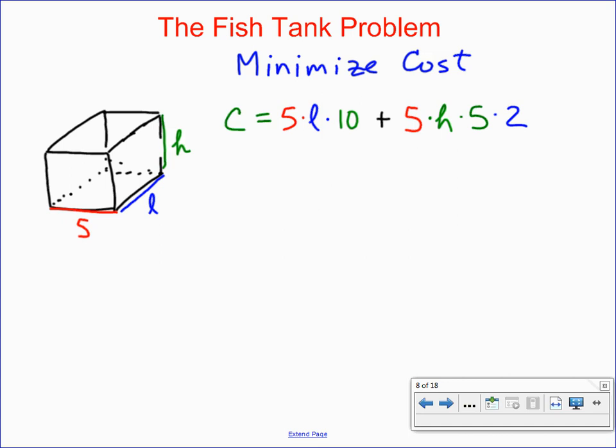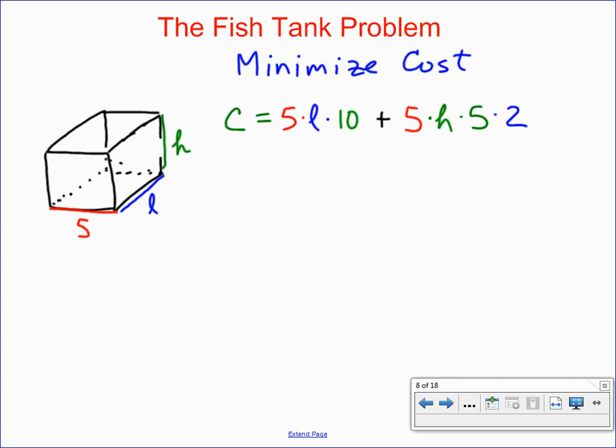Is that right? So 5 by H times $5 per square foot, times 2 of them. Did I get everything? Is it 5 for the sides? Yeah. So it's $10 per square foot for the base pane, the bottom of the aquarium, but then the side panes are cheaper material.